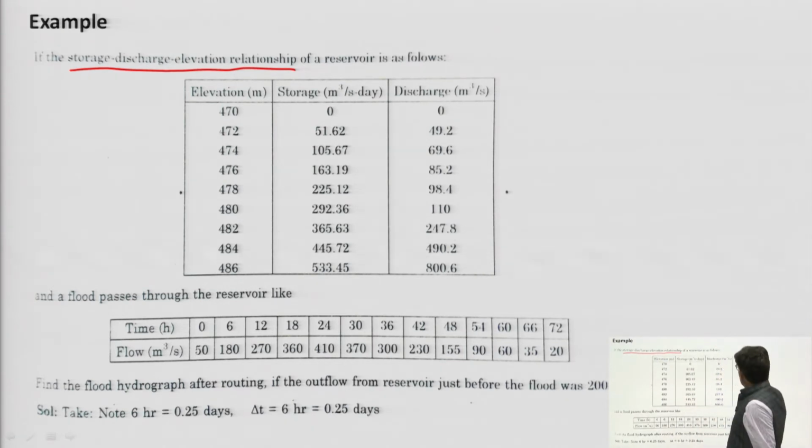In the last class, I calculated the table, which was prepared through the survey data given in the question. So, this is known to us. Through survey, that data can be prepared.